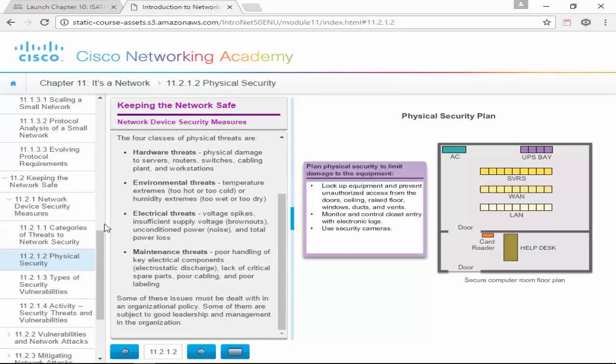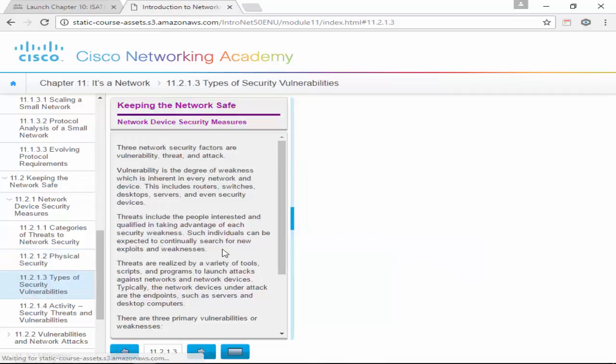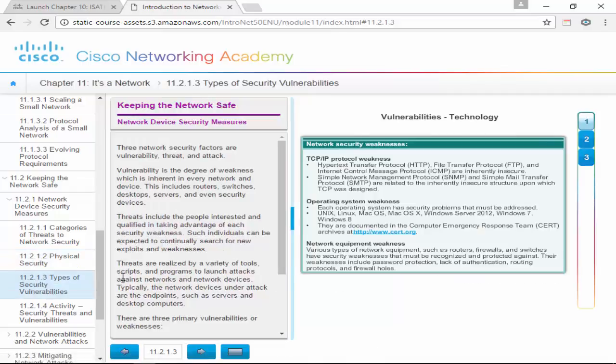Electrical threats, we don't want our power to go out and that would be bad, or we can have power spikes and destroy our thousands of dollars of devices, and that wouldn't be good either. Maintenance, poor handling of key electrical components, I don't know. You can read through there. On physical security, most of it just makes sense.